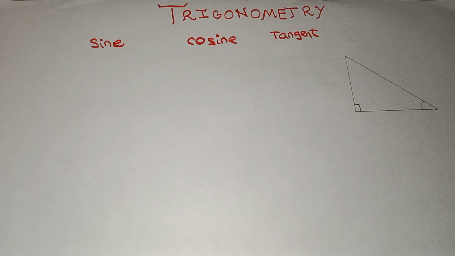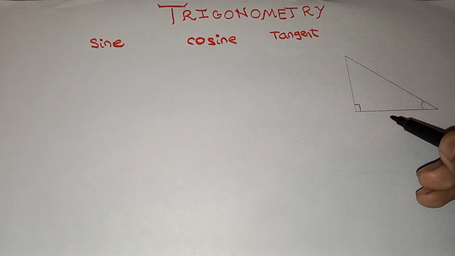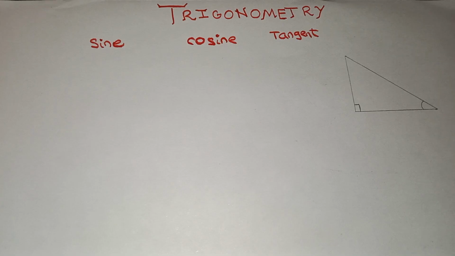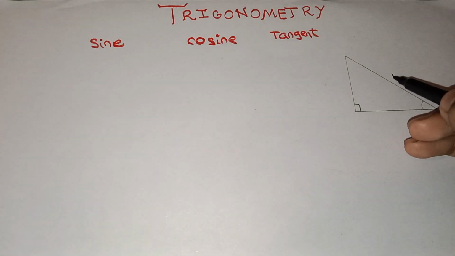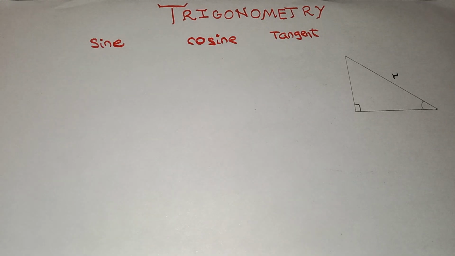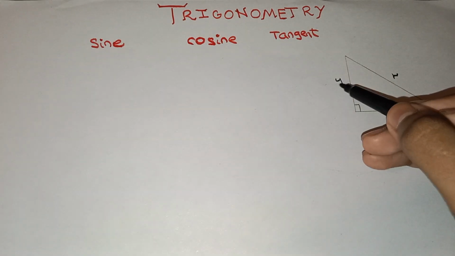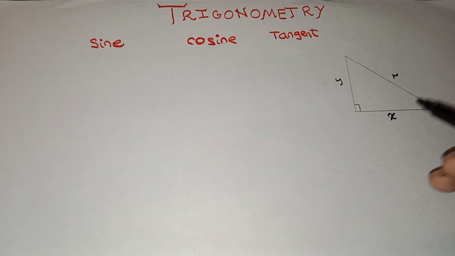Let's see. Here is a right angle triangle in front of you. Let's name the sides and lengths: this is R, Y, and X. I have named the lengths of the right angle triangle.